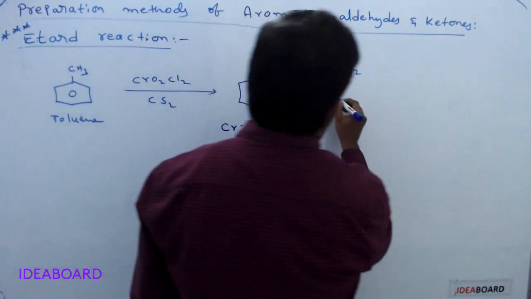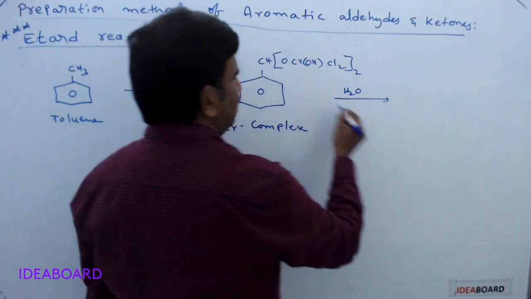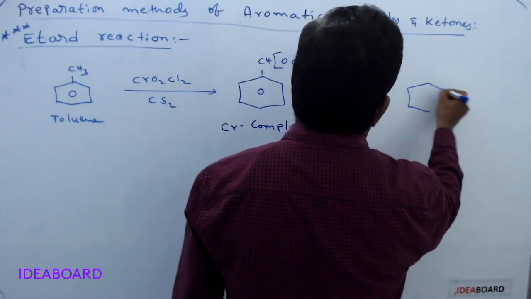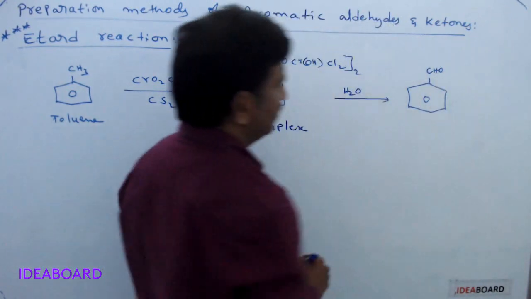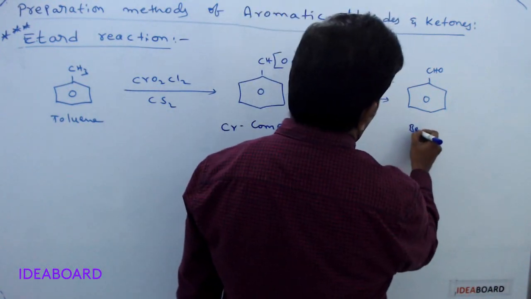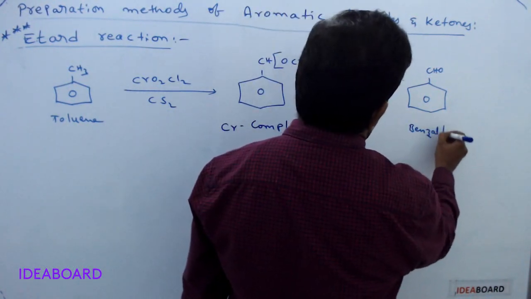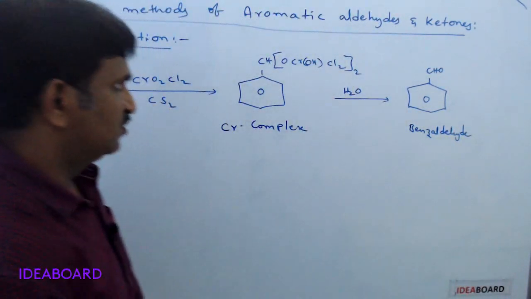This chromium complex further undergoes hydrolysis, and it forms CHO, benzaldehyde. The chromium complex is converted to benzaldehyde. So this is the Etard reaction.